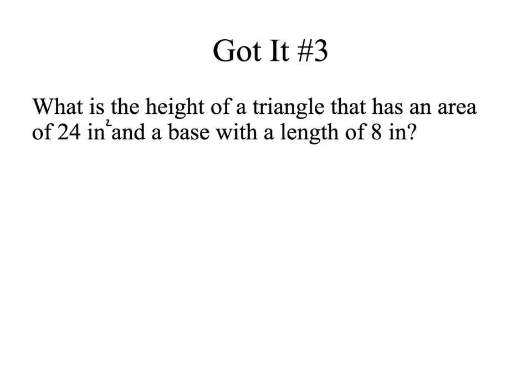So the formula for area of a triangle is A equals 1/2 base times height. So if it says what is the height, what they're probably going to do is have you solve this for h. Now, if we're going to solve it for h, we definitely need to divide by b, right, to cancel out the b.